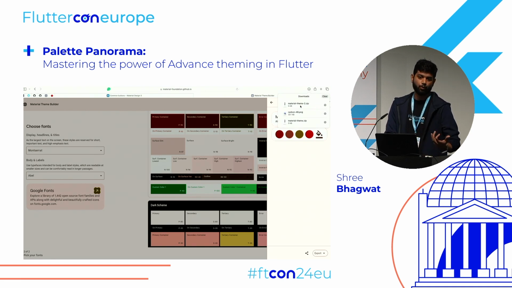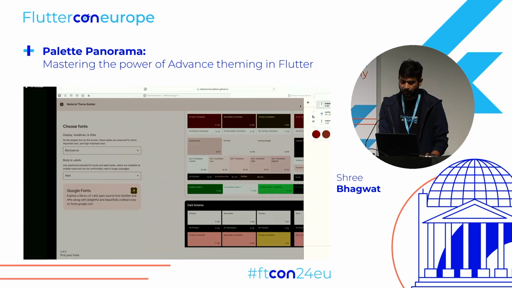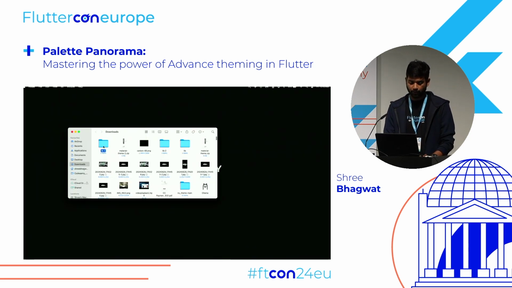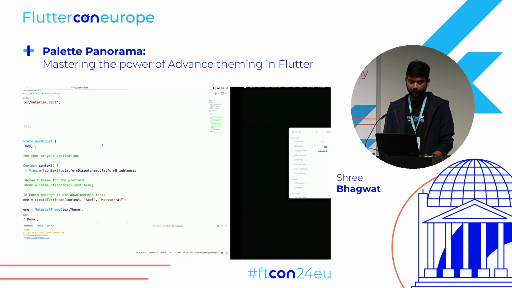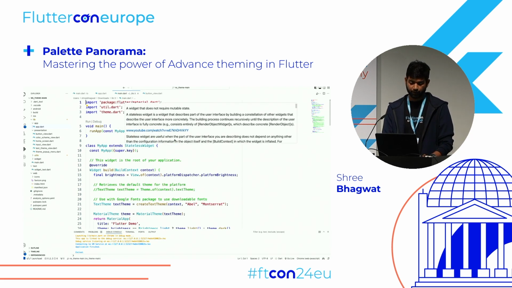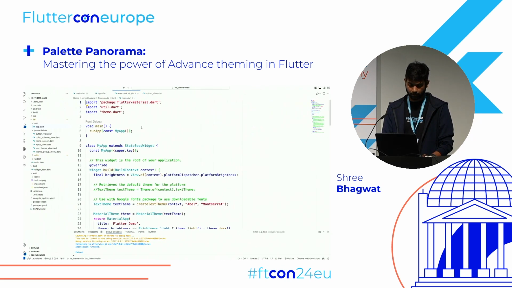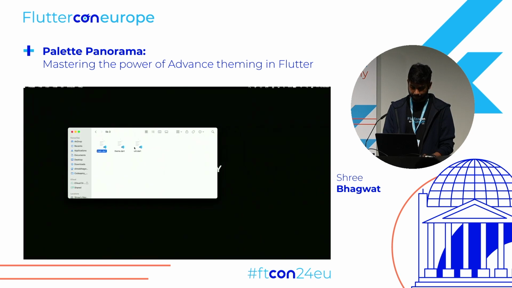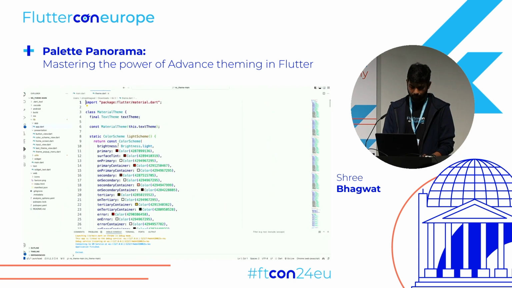Of course, I've downloaded one before just to check if it's working or not. And if I just extract it, you will get an entire application which has a complete theme over here. Not this. Okay. This main.dart is different. Then we have this theme.